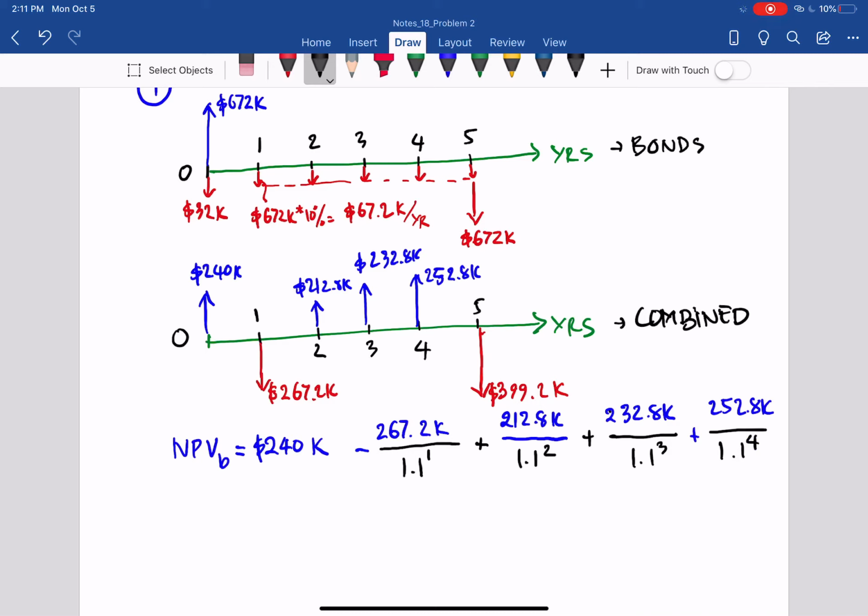And year 5 we have a big negative here, 399.2K. Bring that year 5 to year 0, 1.1, 10% again, power 5.